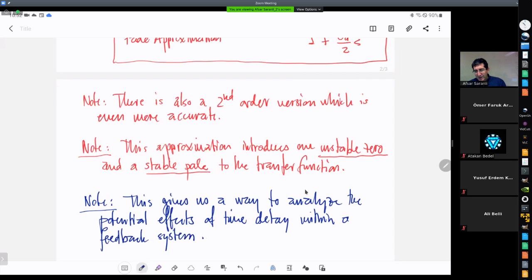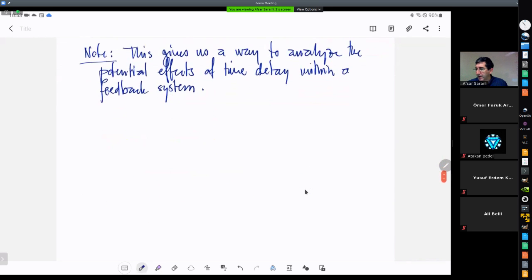Okay, so once we use this approximation, obviously what we can do is we can use it in order to analyze what's going to happen with our system. Okay, and that is our following example. Okay, so let's look at this on an example.